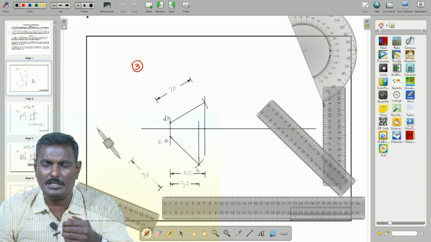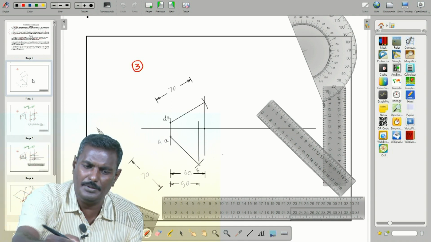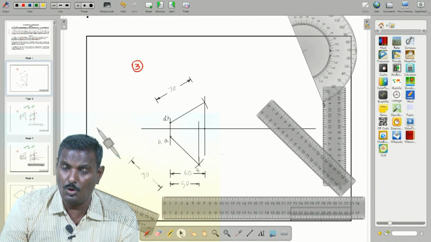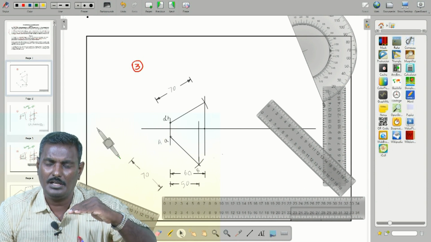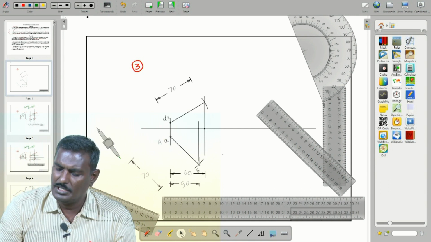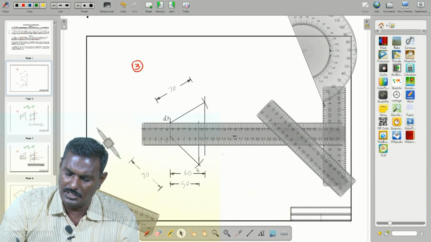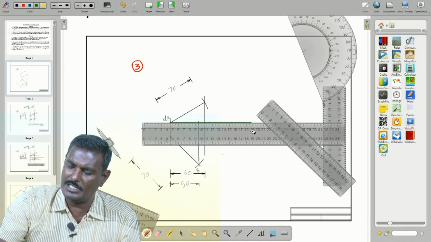But for understanding the principle, I just change the colors, green color. I change the color to draw the loci line. You know what the loci is? Loci is nothing but lines parallel to the planes, that is, they do not change the positions. So I have to draw the locus line from A dash, so I just draw the locus line.